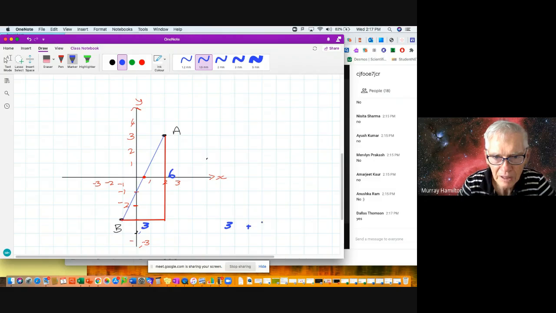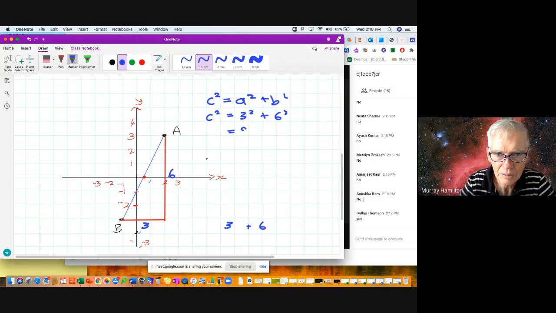So with Pythagoras' theory, when we do c squared equals a squared plus b squared, c squared is 3 squared plus 6 squared, which equals 9 plus 36. So c squared equals 45. So c must be the square root of 45.